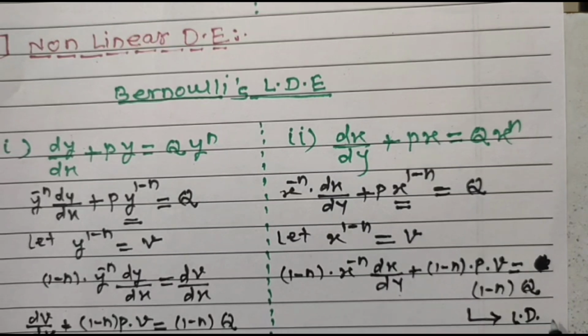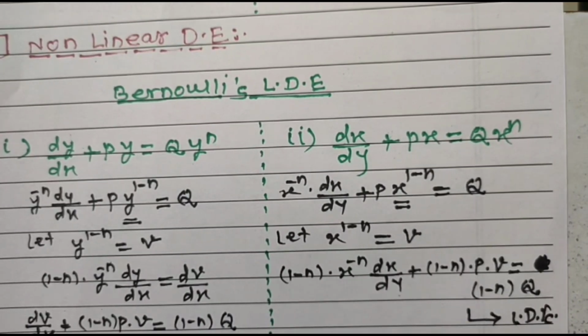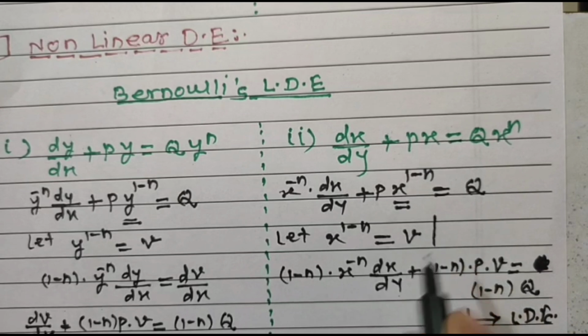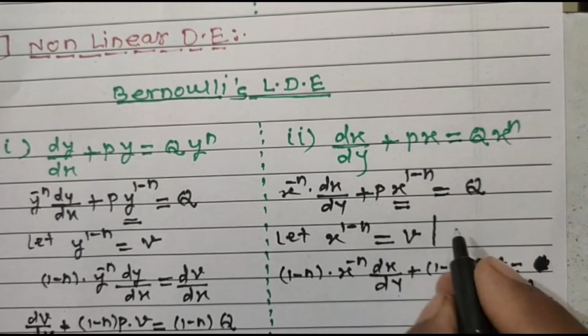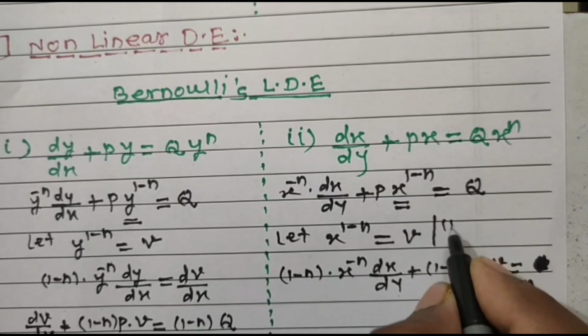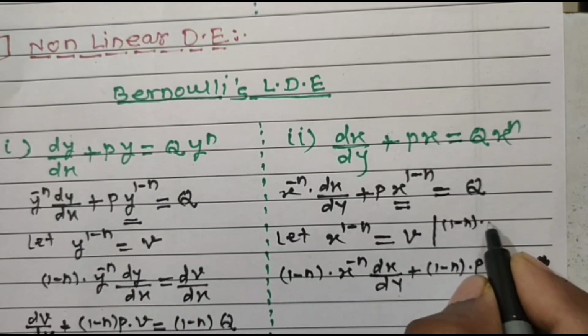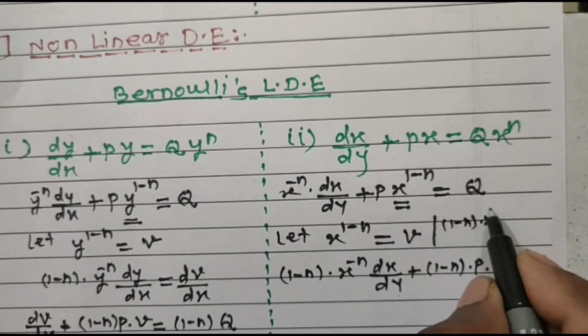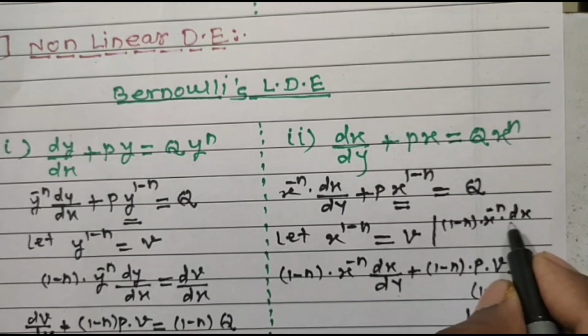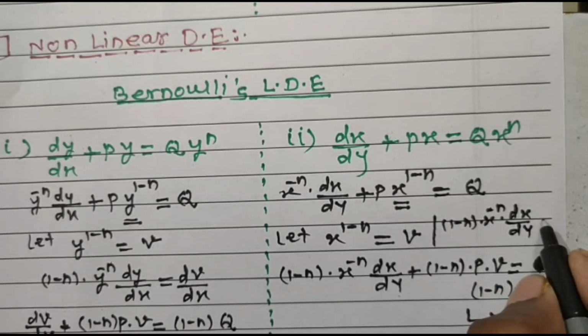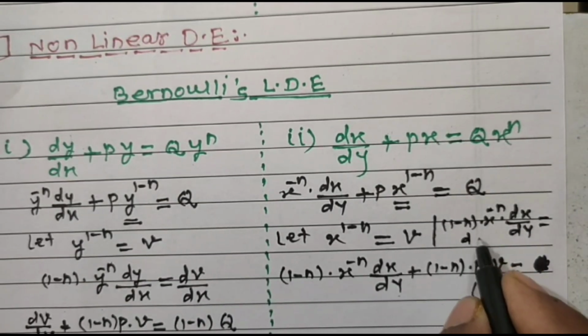This is what? A linear differential equation. And then here, differentiating this with respect to y, this can be written as 1 minus n times x to the power minus n dx by dy is equal to dv by dy.